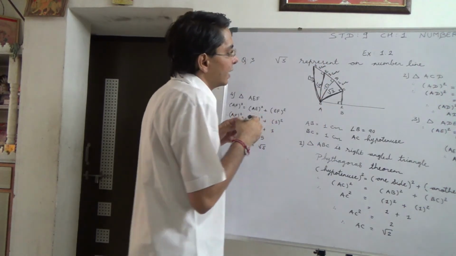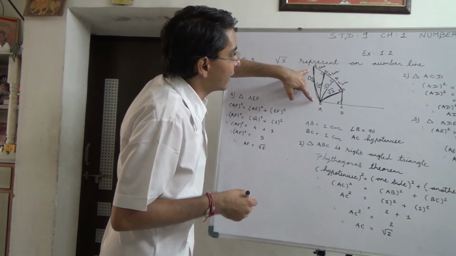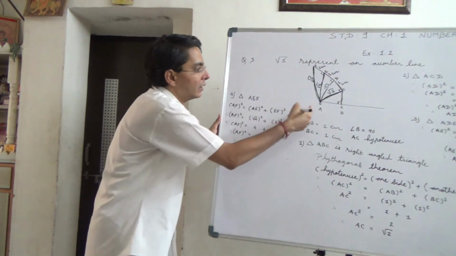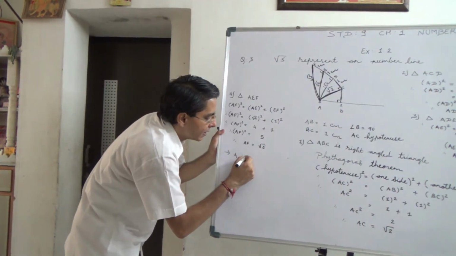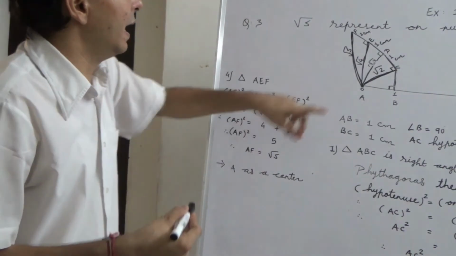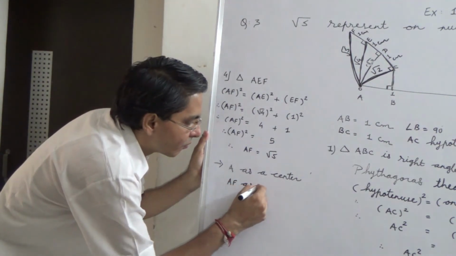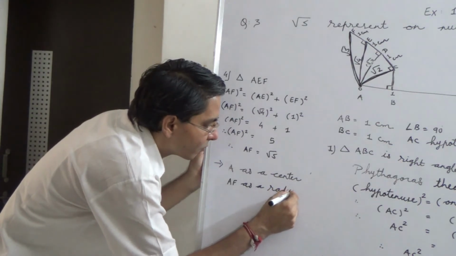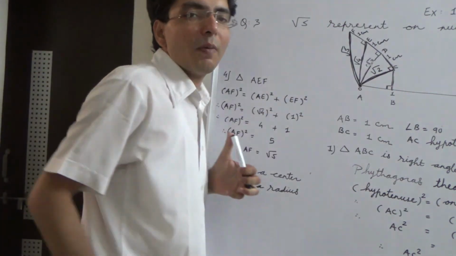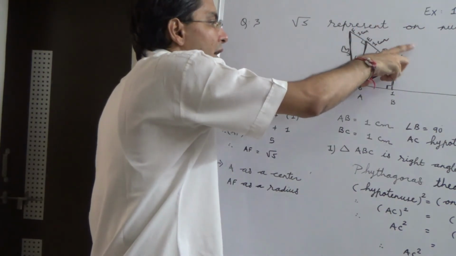So if I consider A as the center and take a measurement as the radius, the point is: A as the center and AF as the radius, with the help of a compass. Draw an arc.